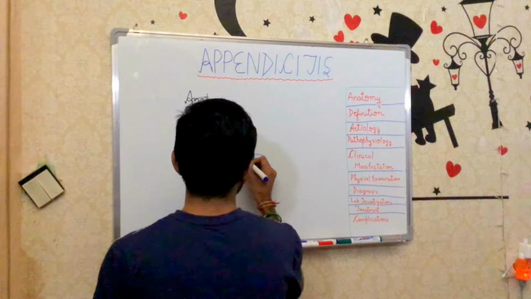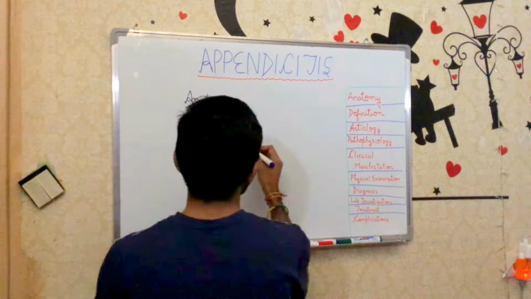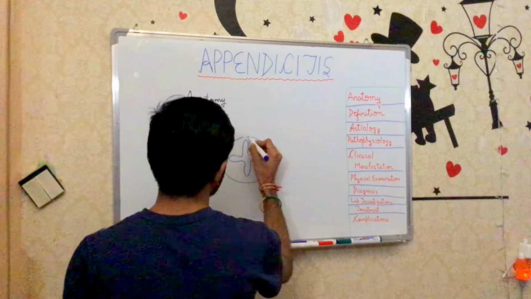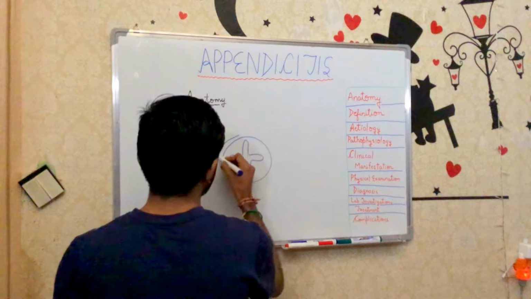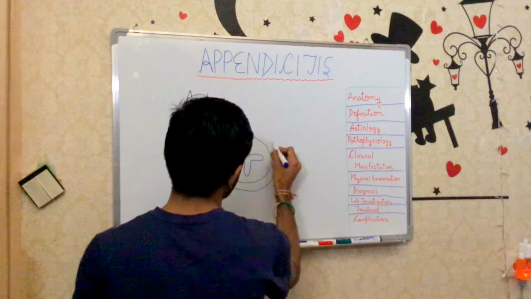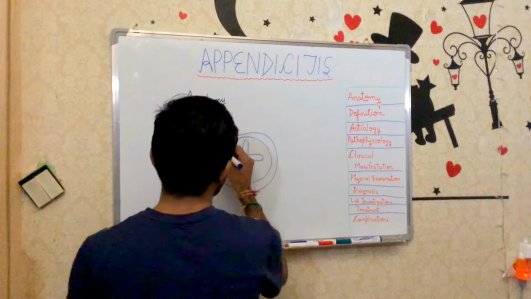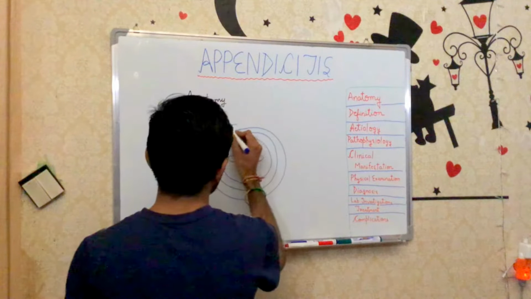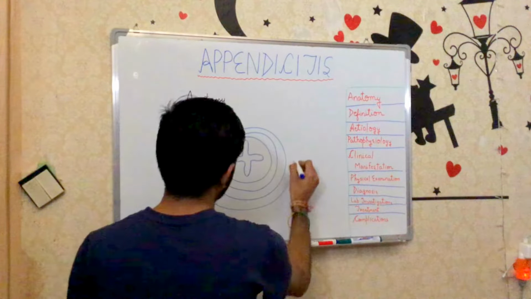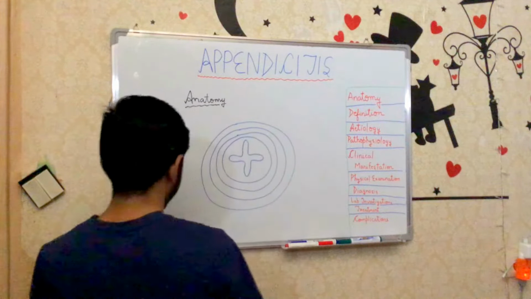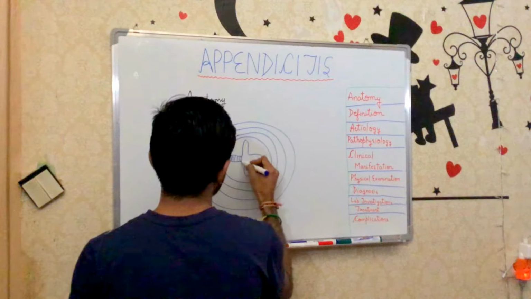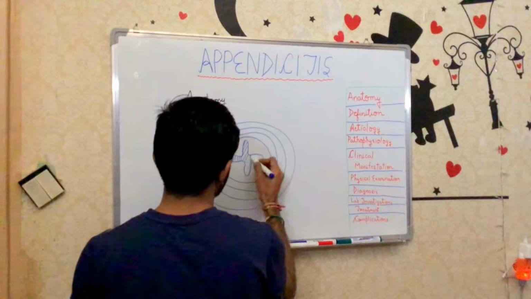Here I have drawn the lumen of the appendix. And these are the different layers of the appendix. So this is our lumen, for example, for the appendix.